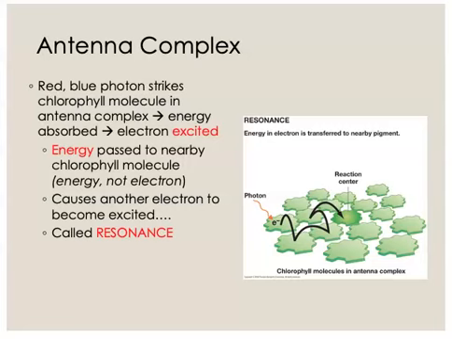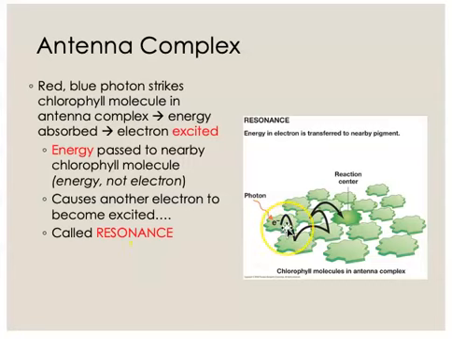That energy will then be passed from that chlorophyll molecule to a nearby chlorophyll molecule. Note that this is a passing of the energy of the electron, not the electron itself. So this is not an oxidation-reduction of the chlorophyll. This is simply a passing of the energy from the electron.